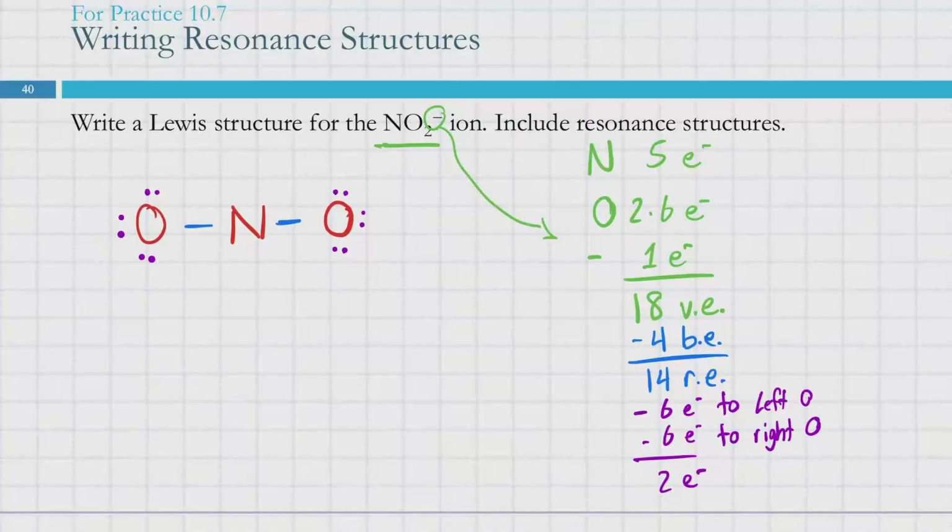We've got 2 electrons left because our oxygens both have their full octets. 3 lone pairs, 6 electrons plus another 2, that's 8. They've got their octets. And so we need to put the last 2 electrons on the nitrogen. So we've got no electrons left.